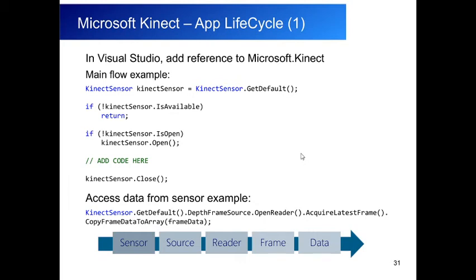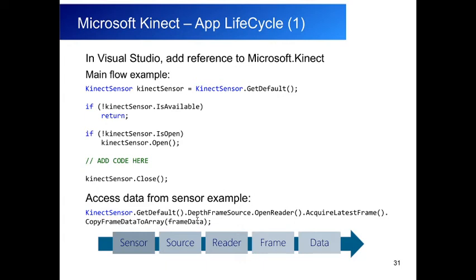How to use the Microsoft Kinect. So the main flow is that if you have a Kinect sensor, you create an instance of a variable for the Kinect sensor, and if it is available, you can open it and then perform whatever action you want to do.